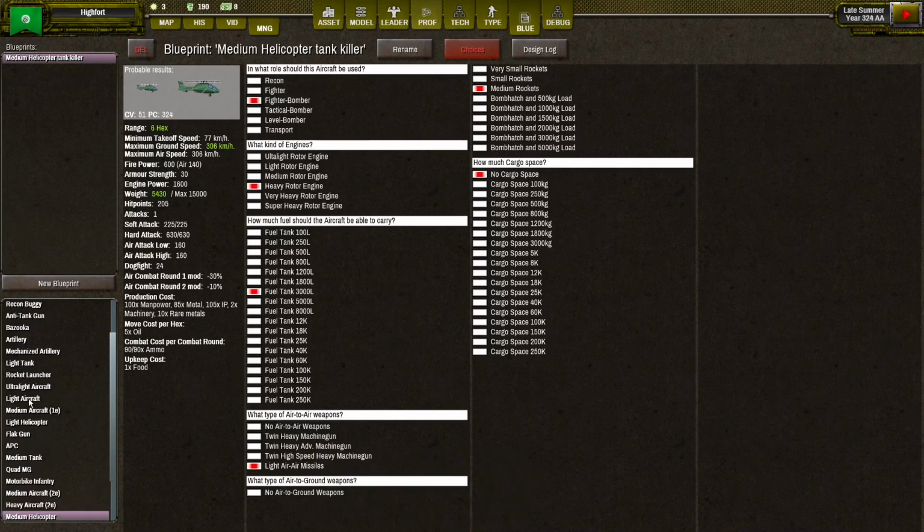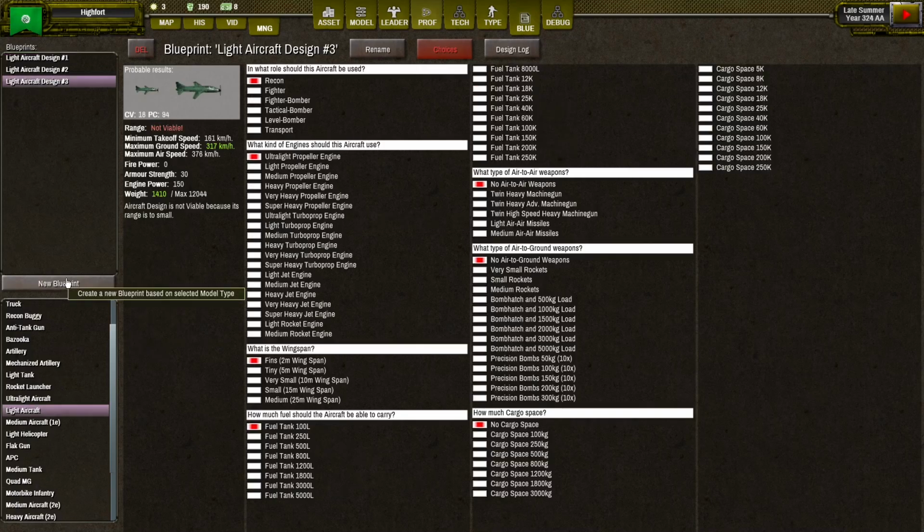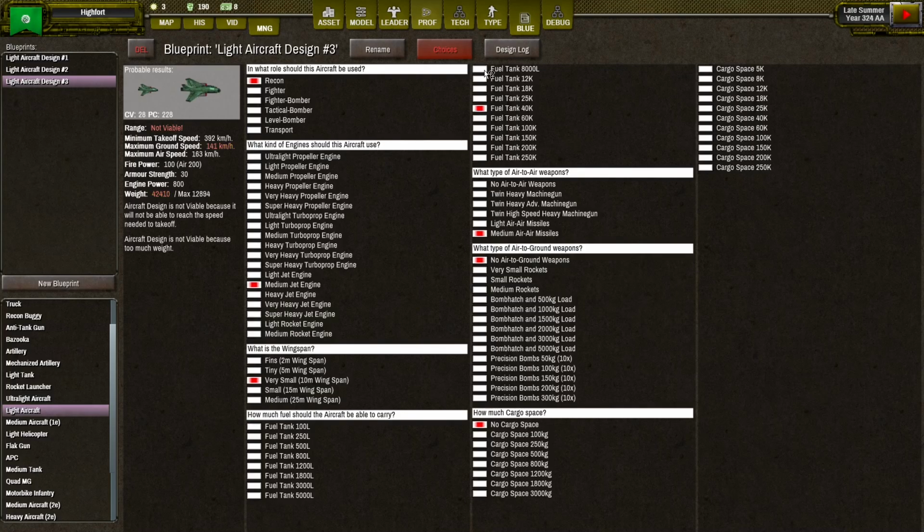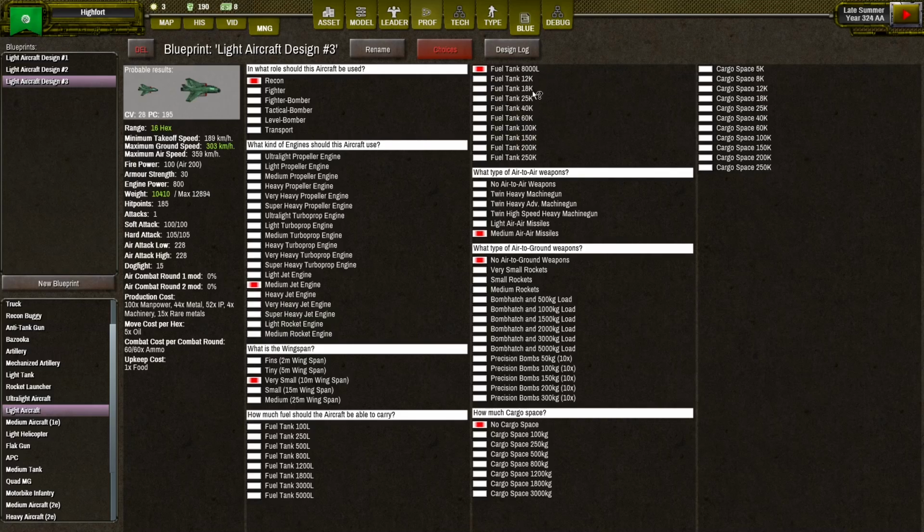So now, if I go to the light aircraft and make some jet engine with better wings and add medium air-to-air missiles, some fuel tank, and a role of fighter, you can see we have quite an advanced fighter which has 228 air attack and has zero modifications in the first 2 rounds of fighting.